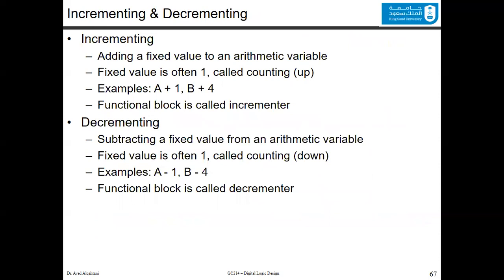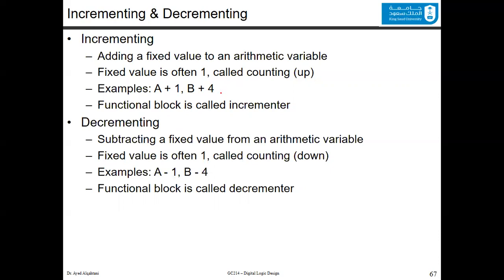So, incrementing and decrementing. Incrementing is adding a fixed value to an arithmetic variable. You fix the value of the first bit position to be 1 and the rest are 0. If you want to count up, some examples as an incrementer: if you can increment a by 1, you can increment another variable b by 4, and so on.